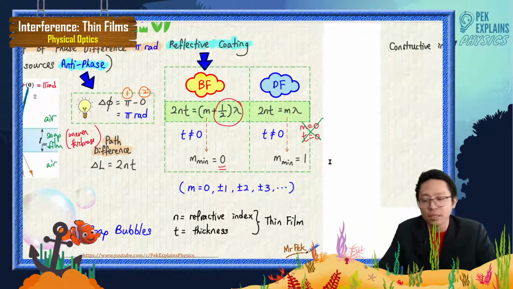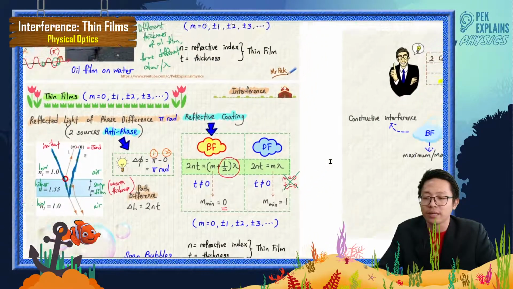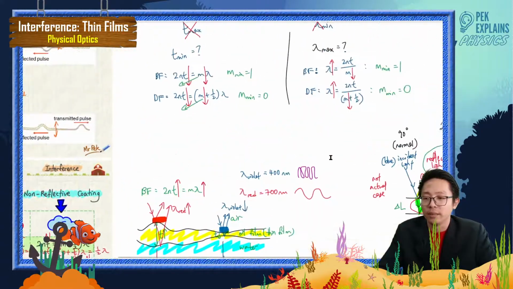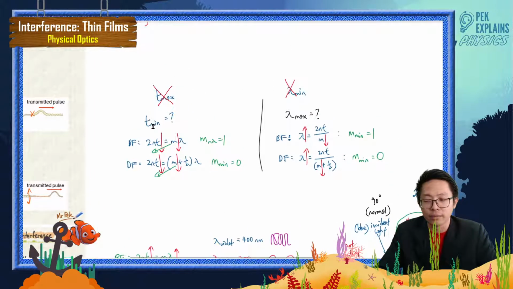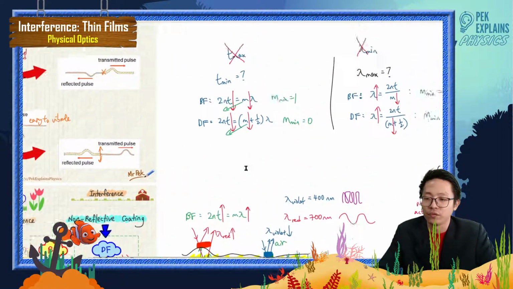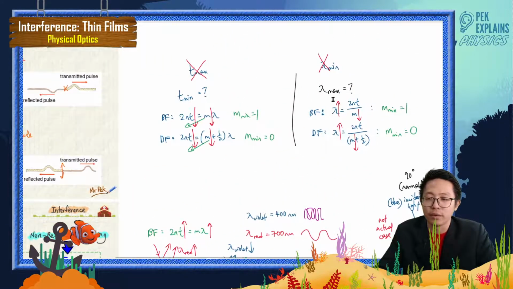So the question will ask about the maximum wavelength and minimum thickness. Whenever you have m lambda, make sure you put m equal to 1. If you have m plus half lambda, you put m equal to 0 to find the minimum thickness or maximum wavelength.